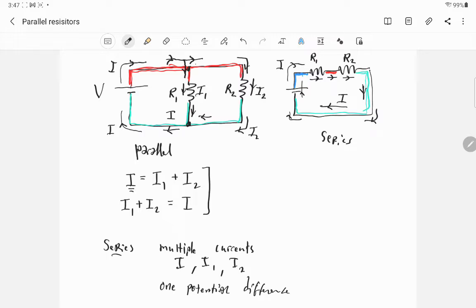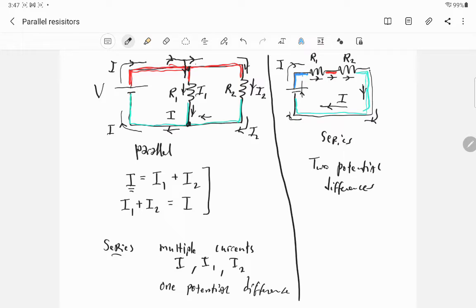But in the series case over here, let me draw a line. In the series case, I actually have two potential differences. I've got the potential difference between blue and red, and then I have the potential difference between red and green. So there's two potential differences. But what I also have is only one current.